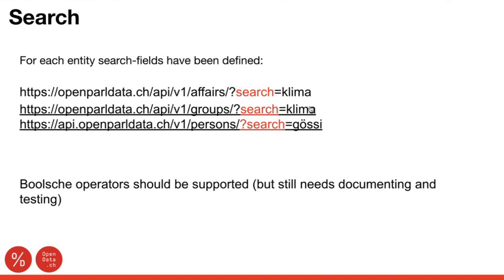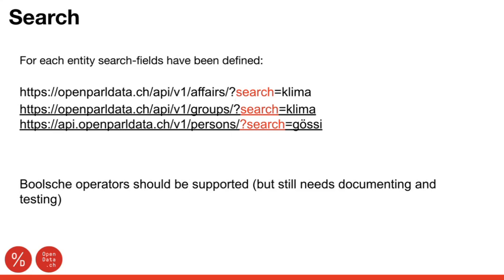For affairs, this is typically, of course, the title, the long title. And here we would also like to make sure that you can search the documents, even though there's a specific endpoint for docs where you can simply search documents, but usually when you would like to have an affair, the title won't be enough.